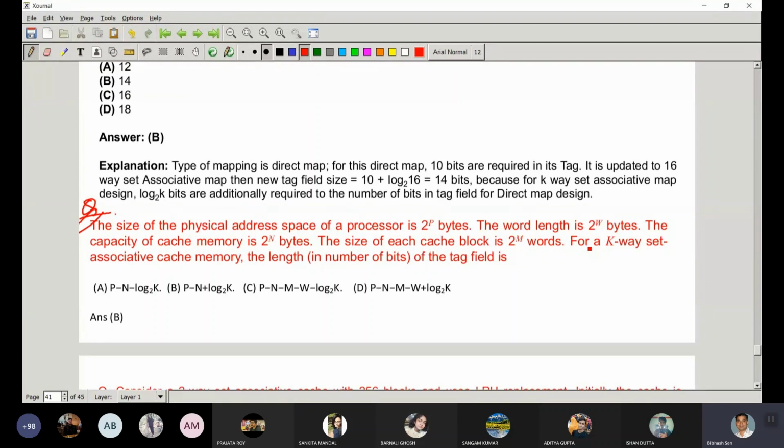That means during the tag field computation, why will you consider p plus w? Only the p bits will be distributed to the tag and set. Am I correct or wrong? What is the concept I gave? To find the set number, go to the Miro. You forgot.